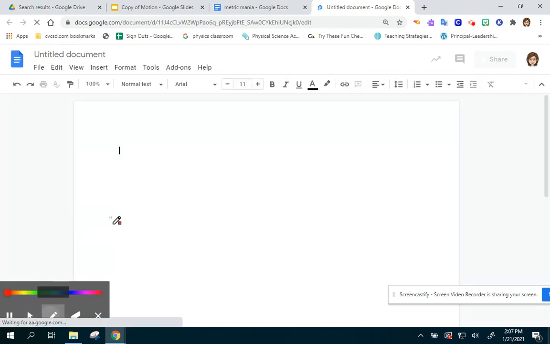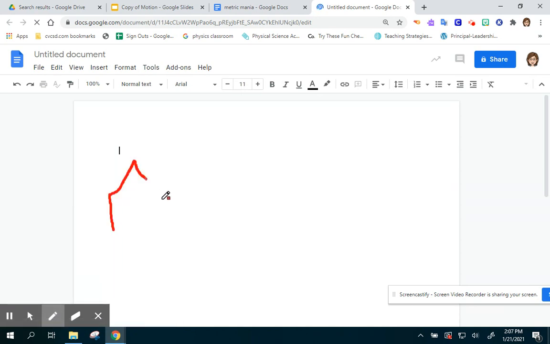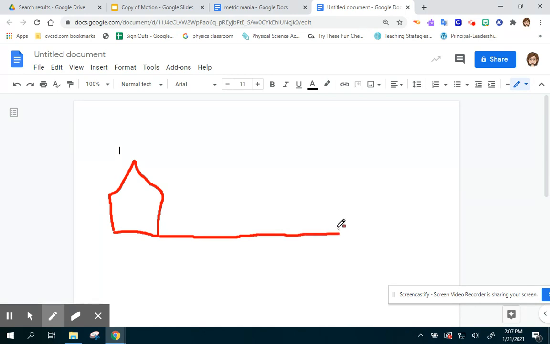Okay, so here, beautiful house that Clyde is living in. So beautiful. Okay, he gets on a scooter and he goes 50 meters in that direction. I can't draw with this thing.